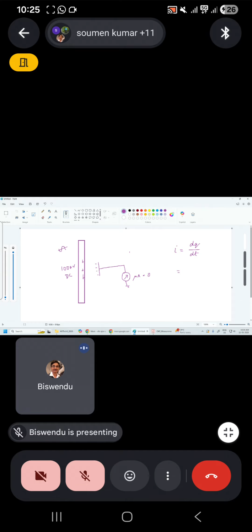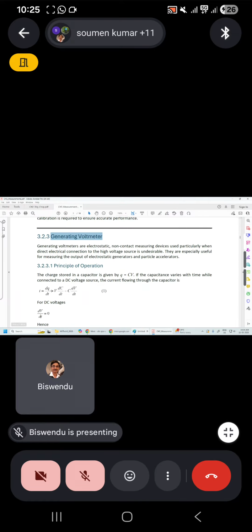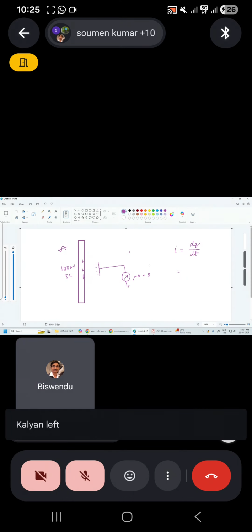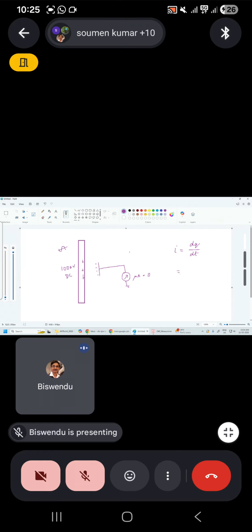What we have done up till now, we have i equals v dC/dt plus C dv/dt. Q equals CV, so i equals v dC/dt plus C dv/dt.